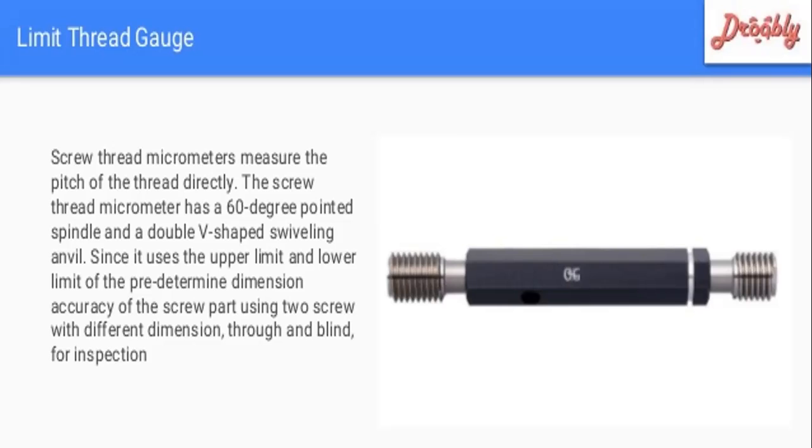So that is defined of the blind and for inspection. These are the different threads used for direct measurements. So we can measure directly by using these gauges, that is the ring gauge, snap gauge, and other gauges. Each and every gauge has two types of limits, that is the go gauge and the no go gauge for the upper limit section and the lower limit section.